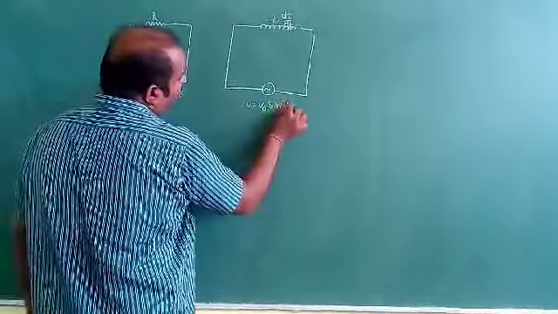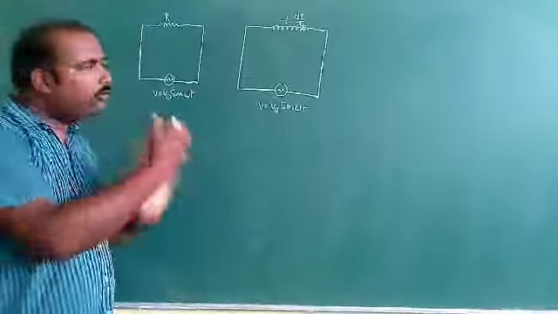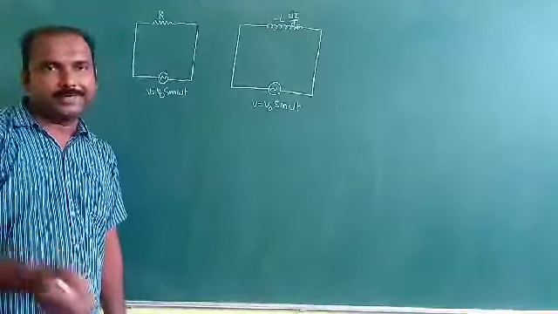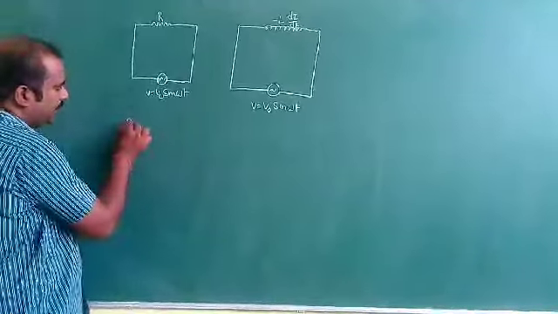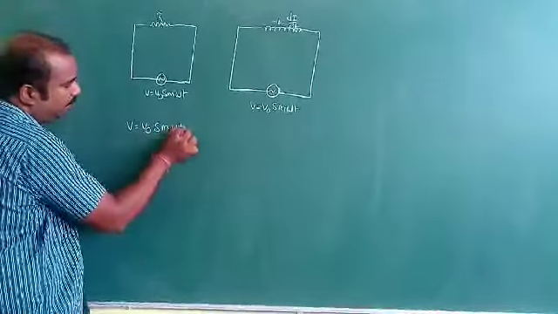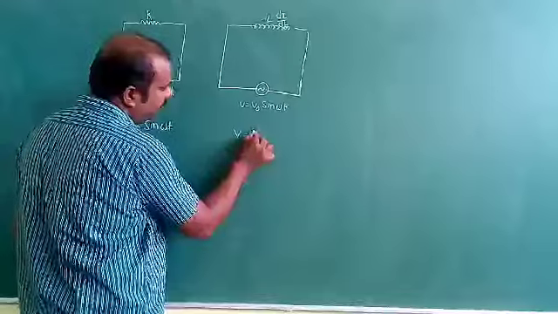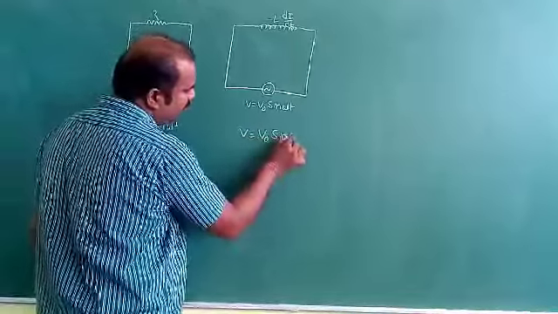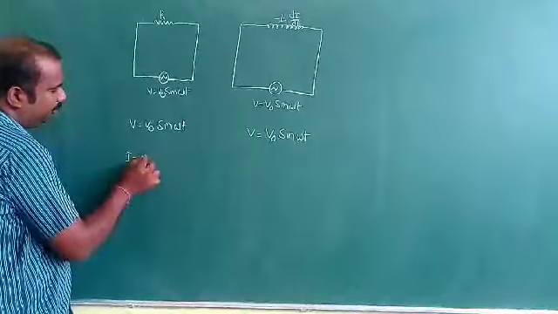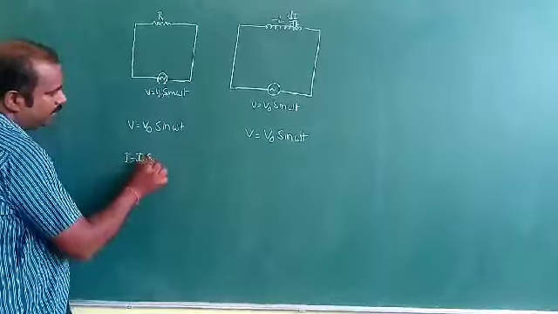Now, overall I am comparing the resistive circuit and the inductive circuit. Your starting equation is V equal to V naught sin omega t. Here also the starting equation is V equal to V naught sin omega t. But here the final equation is I equal to I naught sin omega t.